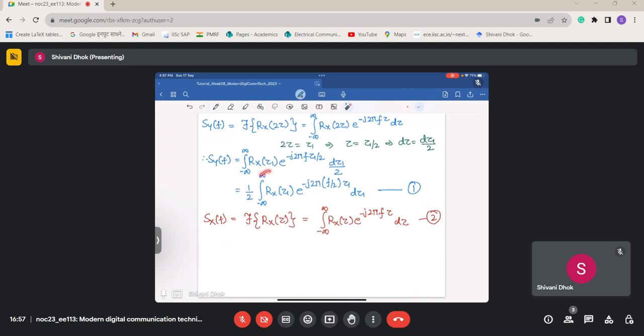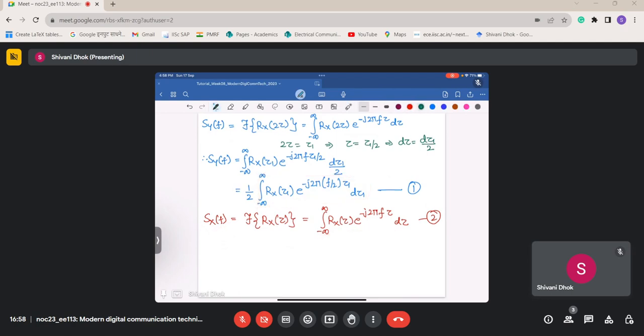Now if we compare these two integrals, it can be clearly seen that this integral is simply Sx of f, but now evaluated at f by 2. Instead of f, it is evaluated at f by 2.